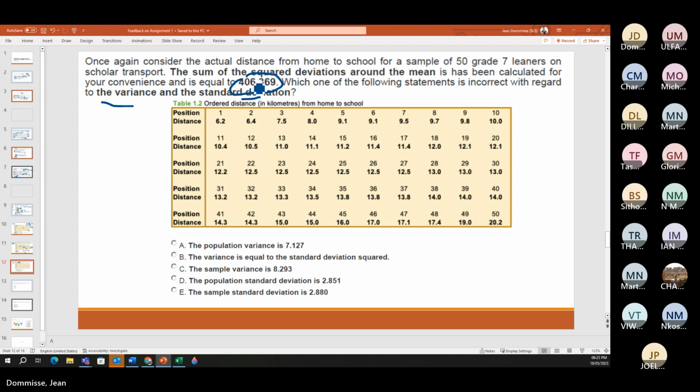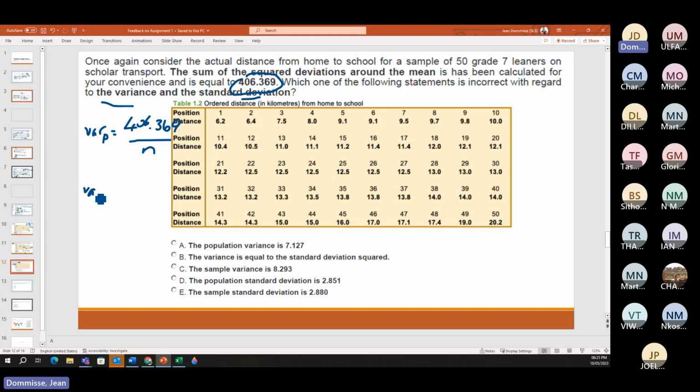There is a formula in your book that tells you to work out the variance: you take that sum that they have given us, the 406.369, and you divide it by n if it's a population.